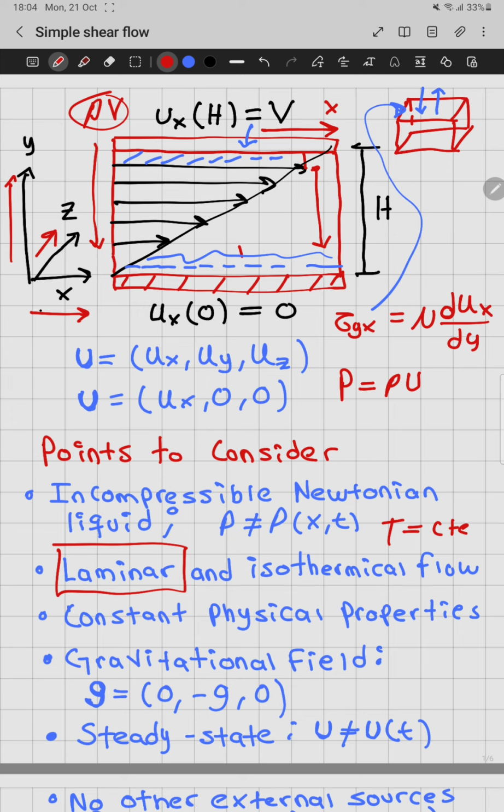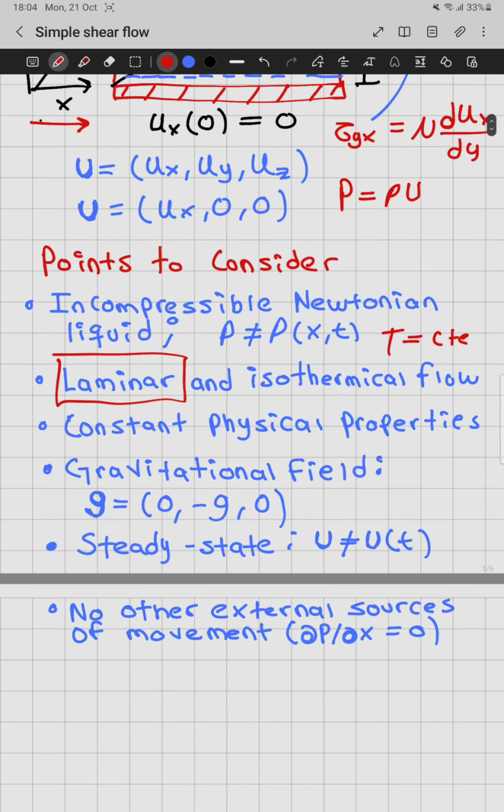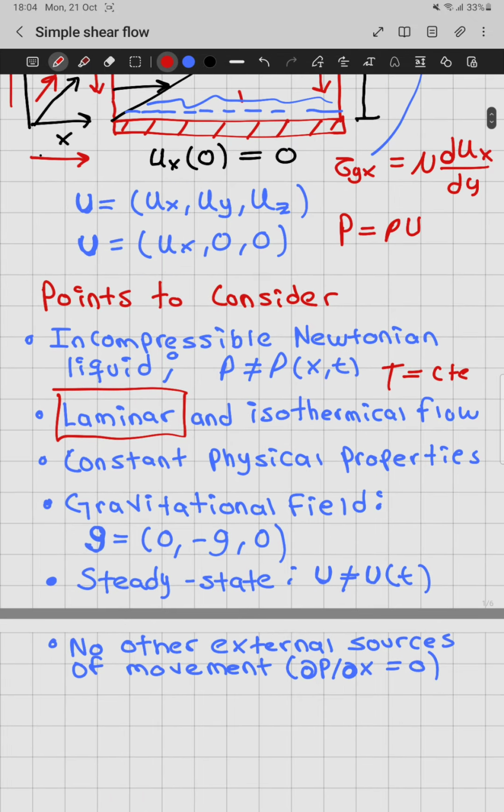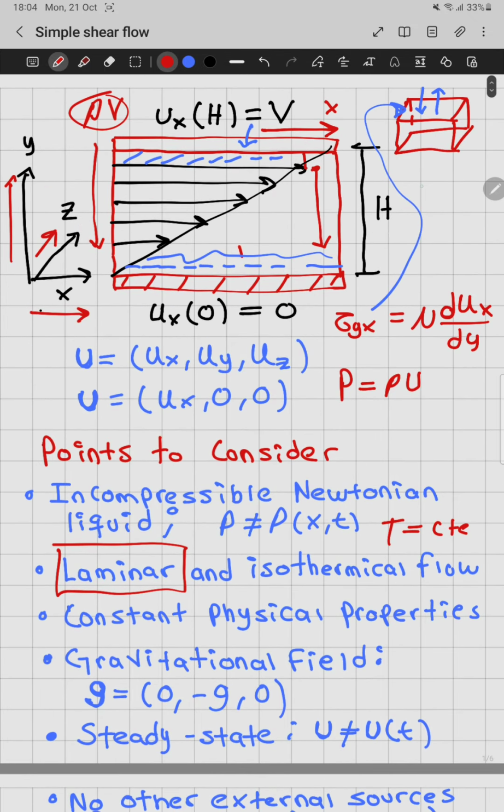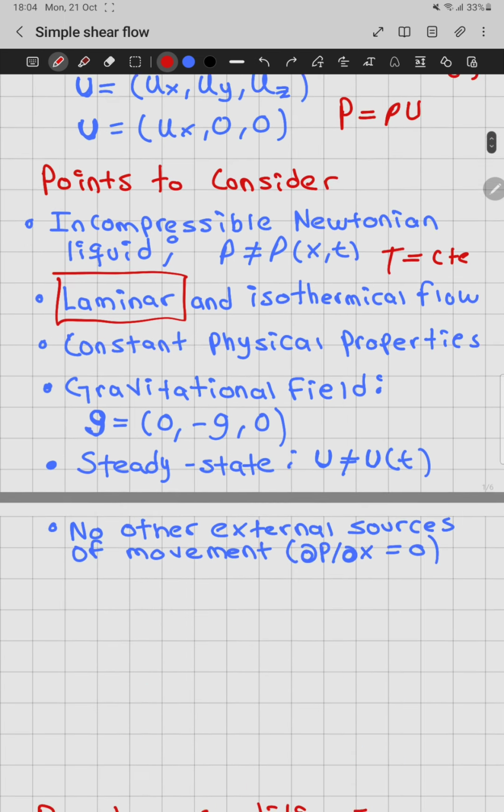This type of flow is common where the fluid moves at low speed and where we have channels of a small size. So we will assume that the values of H are very small, and also very low velocity values. That means that V is also going to be small.